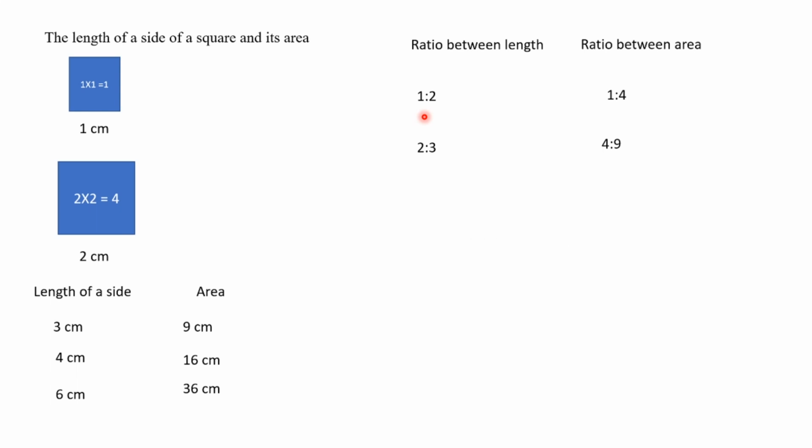It is 4 to 9. Now you can see the ratio lengthwise, but the corresponding ratio for the area is not equal. You can see these two are not equal, so you have to check. So this is not a direct proportion. This is not a direct proportion problem.